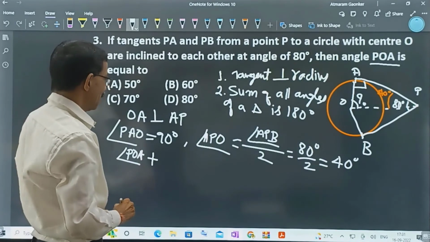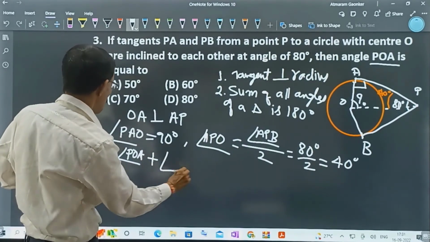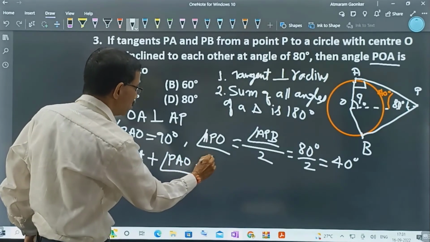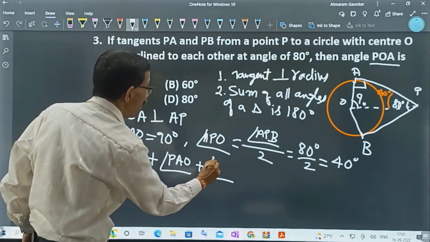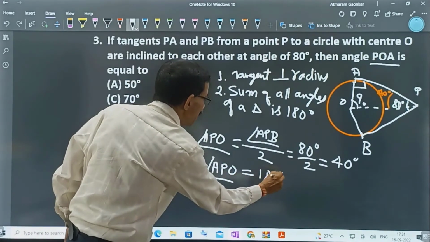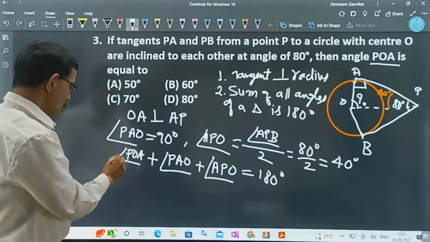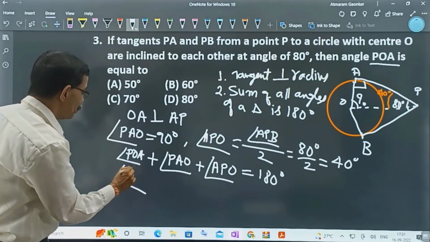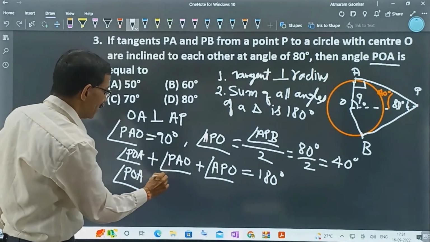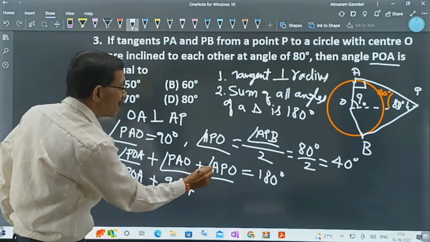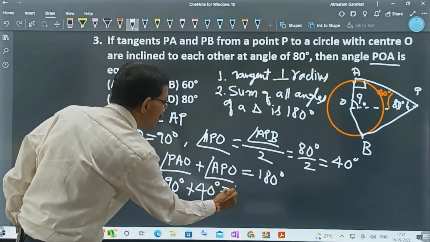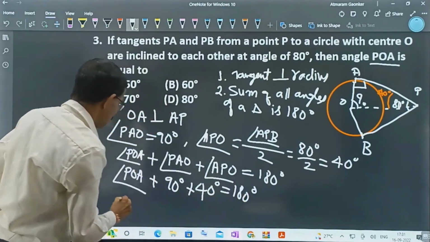Then the second angle PAO plus the third angle APO. This works out to be 180 degrees. So POA is asked, plus the second angle is 90 degrees, plus the third angle is 40 degrees. And this is equal to 180.